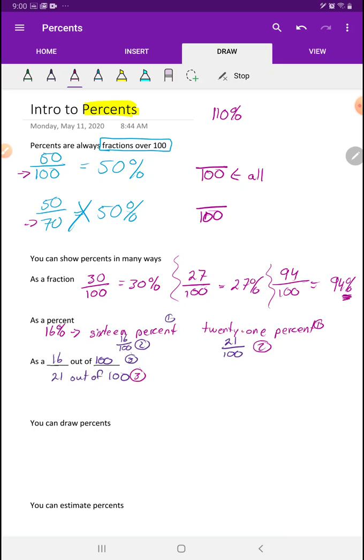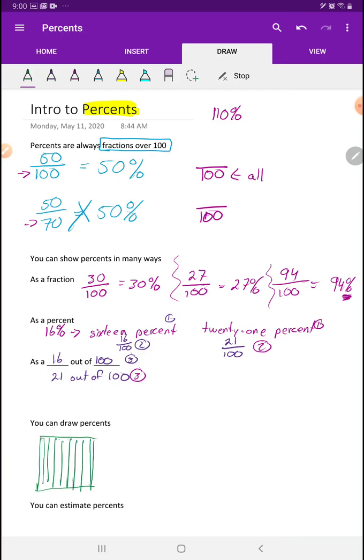Okay. You can also draw percents. Now, if you're drawing percents, the first thing you have to do in a basic kind of thing is you've got to make sure that your box is, of course, divided into 100 pieces. Let's try this.